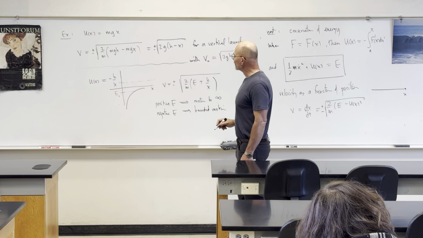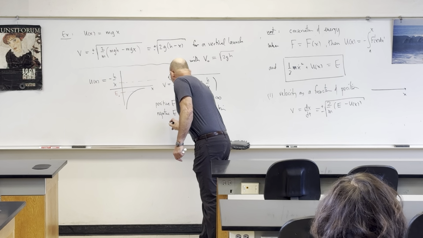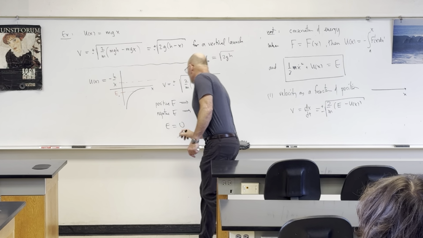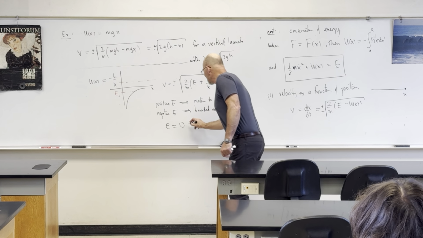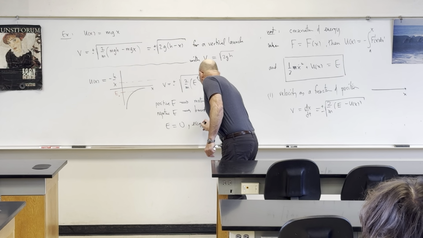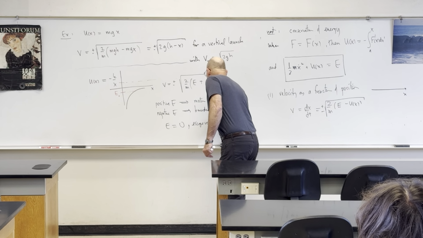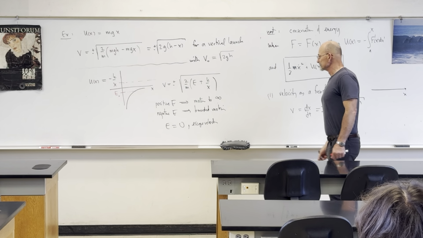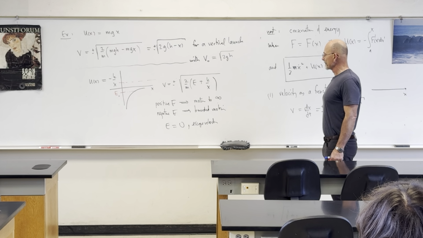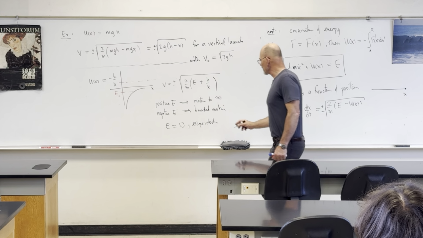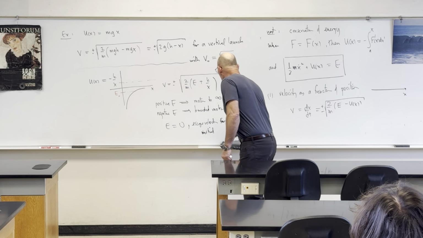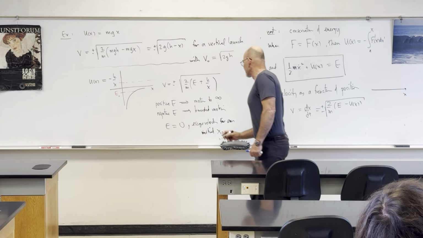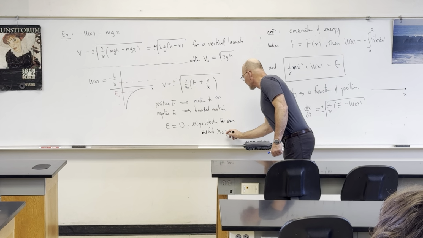And then E equals 0, which is the boundary between those two, E equals 0 implies escape velocity, for an initial x of 0. Initial x that's positive, of course.